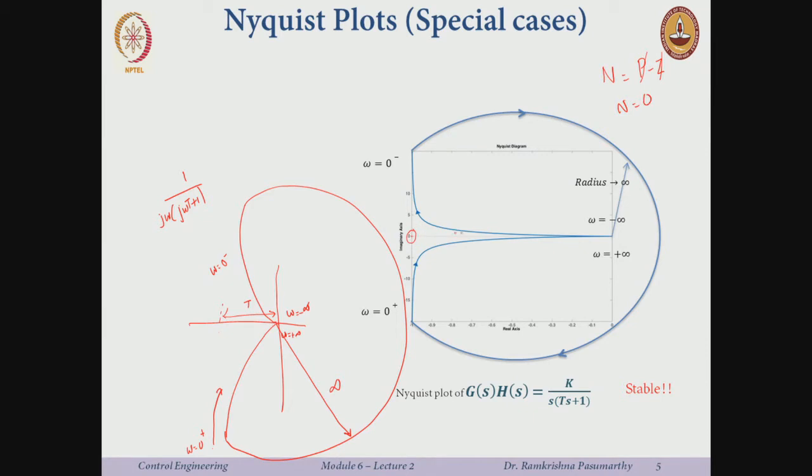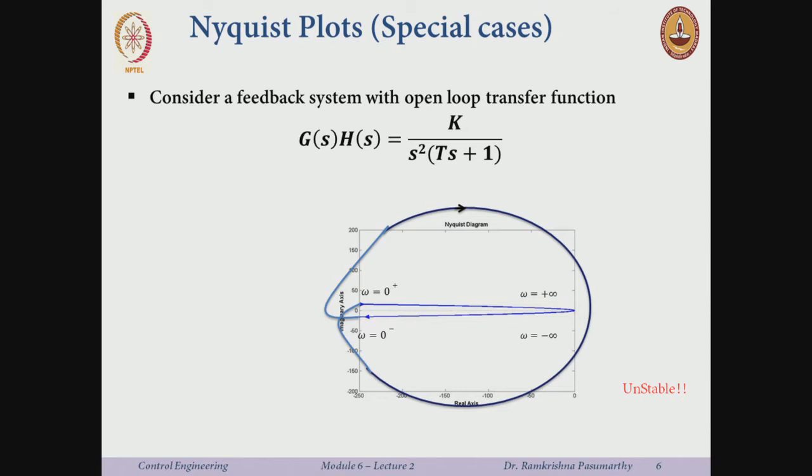Since the number of encirclements is 0, you can say that the system is stable. Now, what if there are two of these poles at the origin? Let us just do again the same kind of analysis.